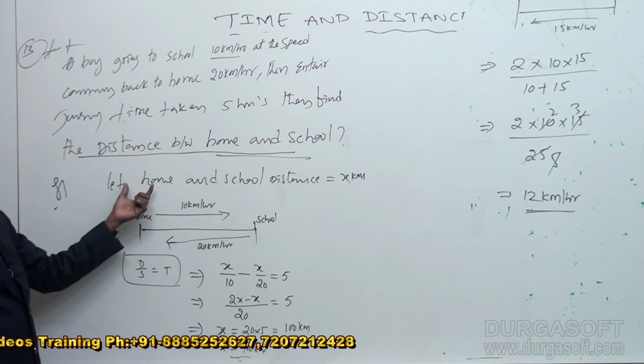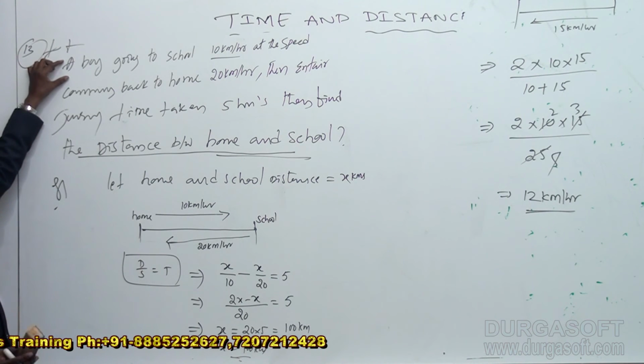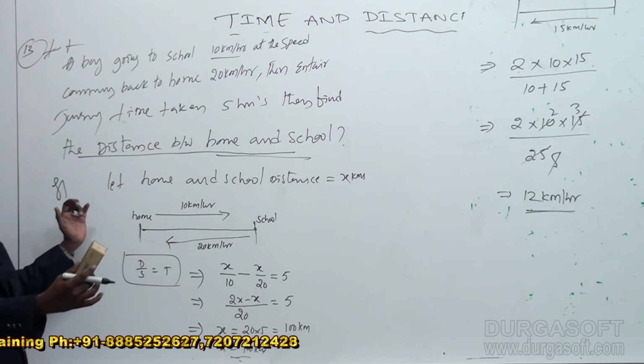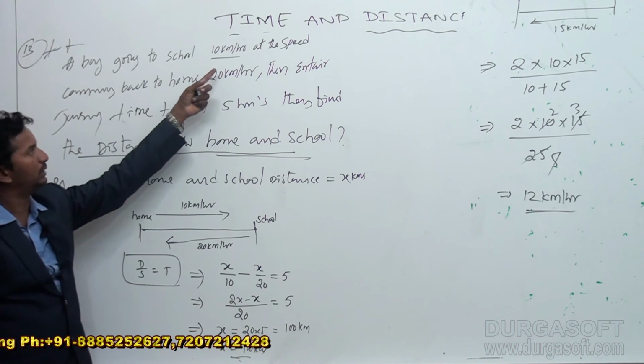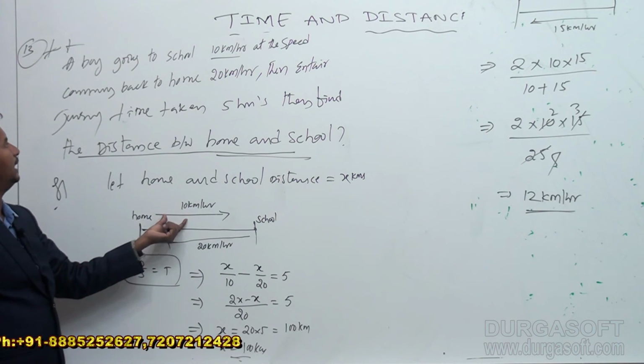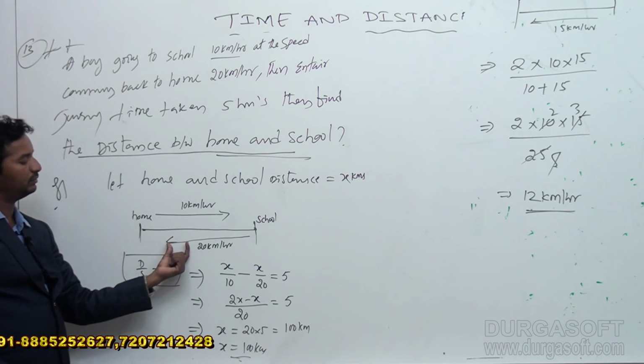This is a very important problem type: finding the distance between house and school. A man goes to school at 10 kilometers per hour and comes back at 20 kilometers per hour.